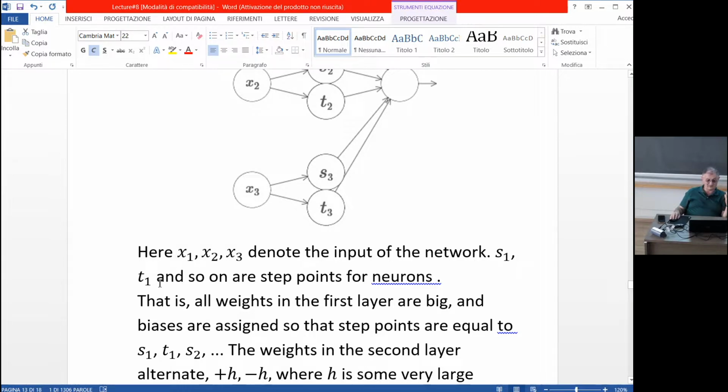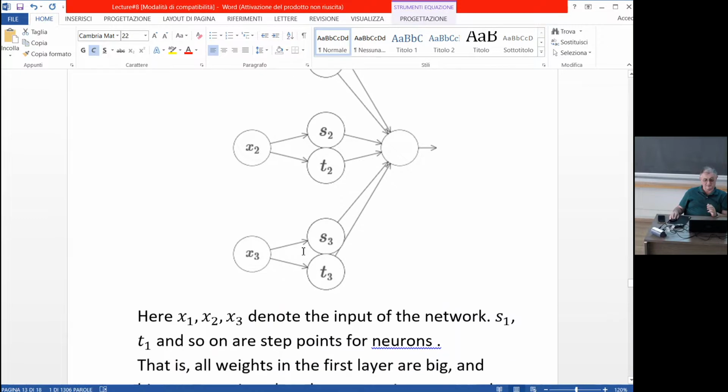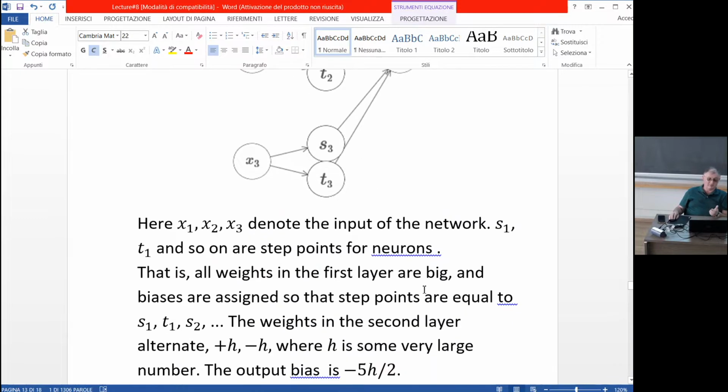S1 and S2 and so on are step points for neurons, yes? So we have step points of the step functions. That is, the weights in the first layer are very big, of course, to have the vertical behavior of the function growth.